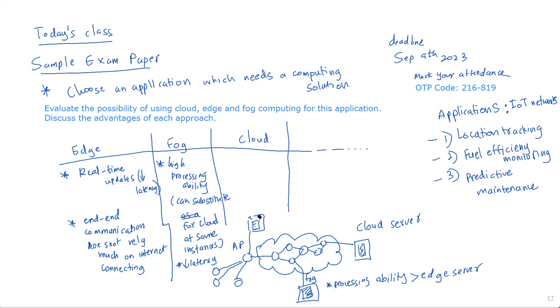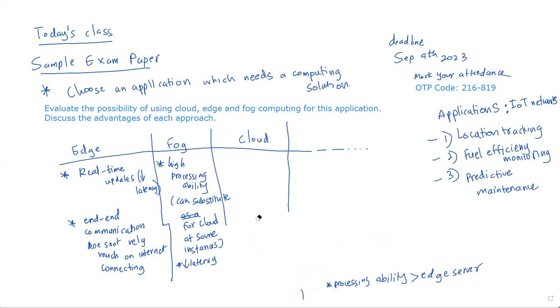Basically, I cannot really define an equation, but in general, once you compare the three technologies, we can say that since the locations are different where the computation is done, the latency for the communication will be the highest for cloud computing and lowest for edge computing.